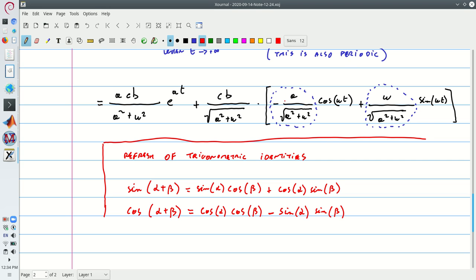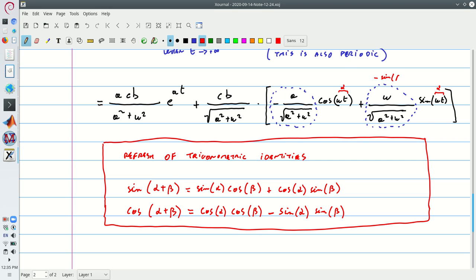Okay, so given this quick refresh, let's see what we have here. I'd like this to be my alpha. And since I want to write this as cosine of alpha plus beta, I'd like this to be minus sine of beta, and I'd like this to be my cosine of beta.